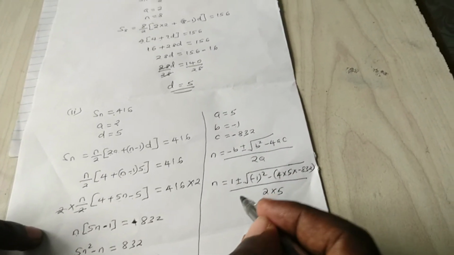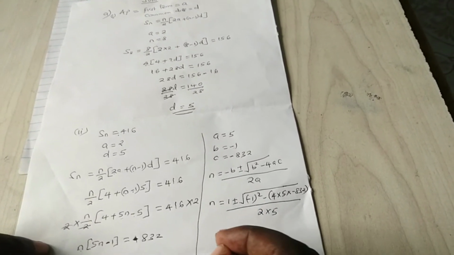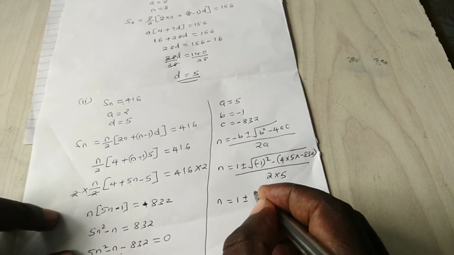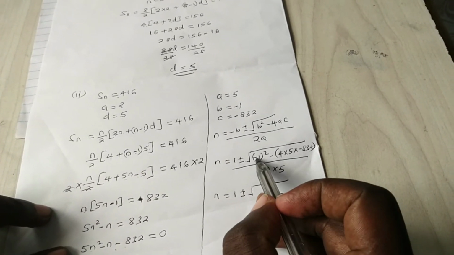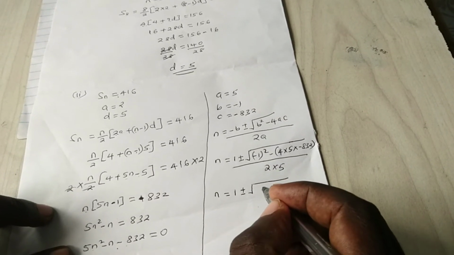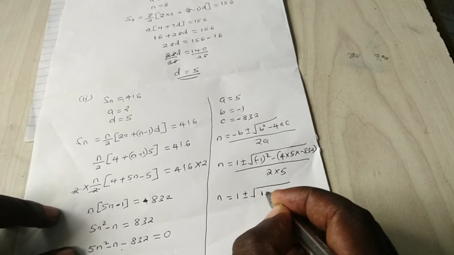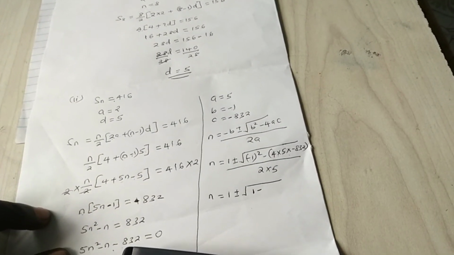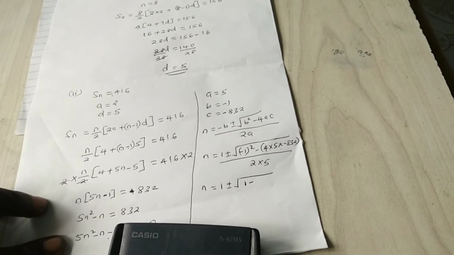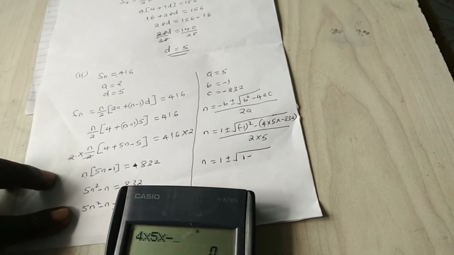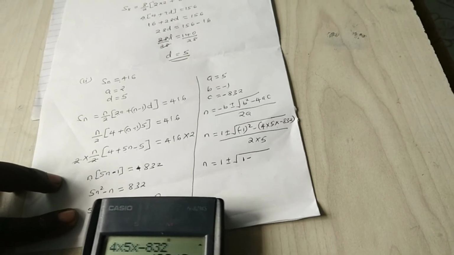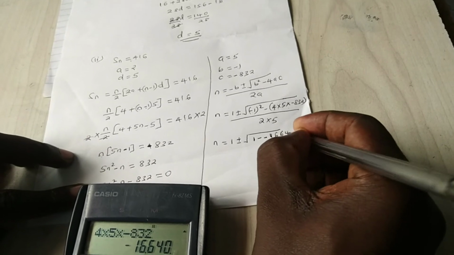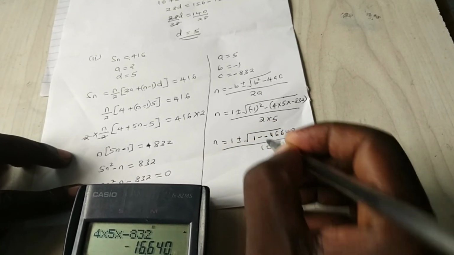From here we know n will be equal to 1 plus or minus the square root of -1 squared, which is 1, then minus 4 times 5, which is 20. We have 4 times 5 times minus 832, and this one is going to give us minus 16,640, everything divided by 10.